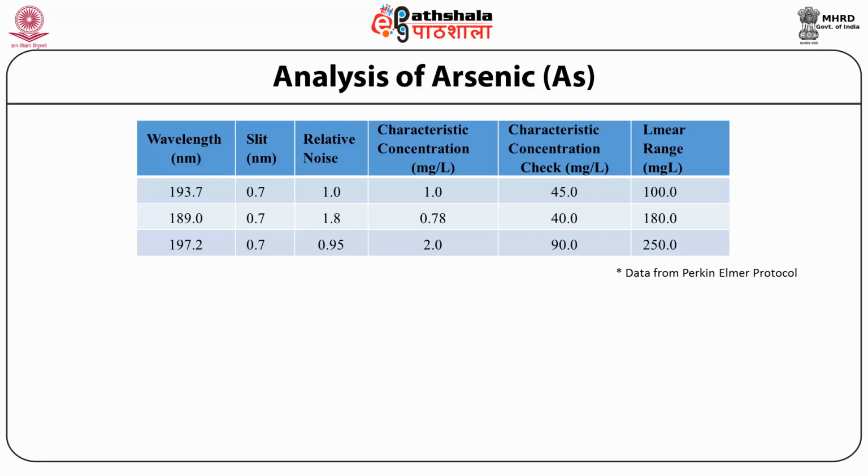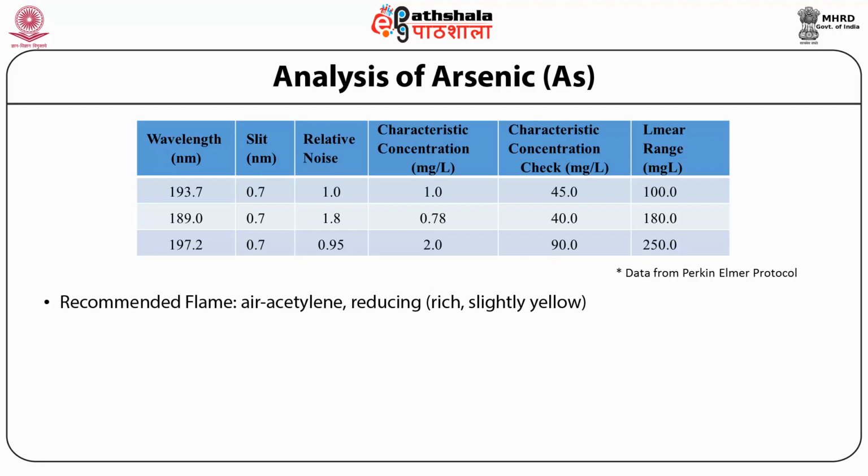The characteristic concentration ranges from 0.78 to 2 milligrams per liter and characteristic concentration check from 40 to 90 milligram per liter. The linear range is 100 to 250 milligram per liter. The recommended flame is air acetylene reducing.